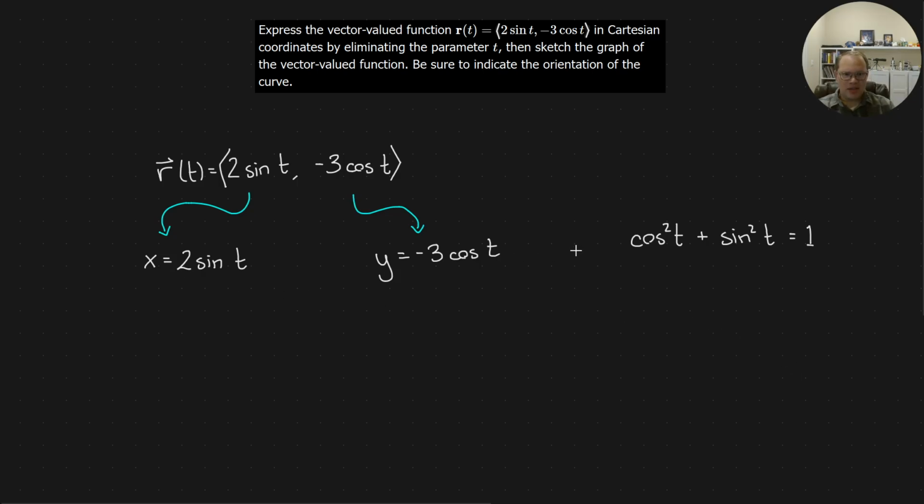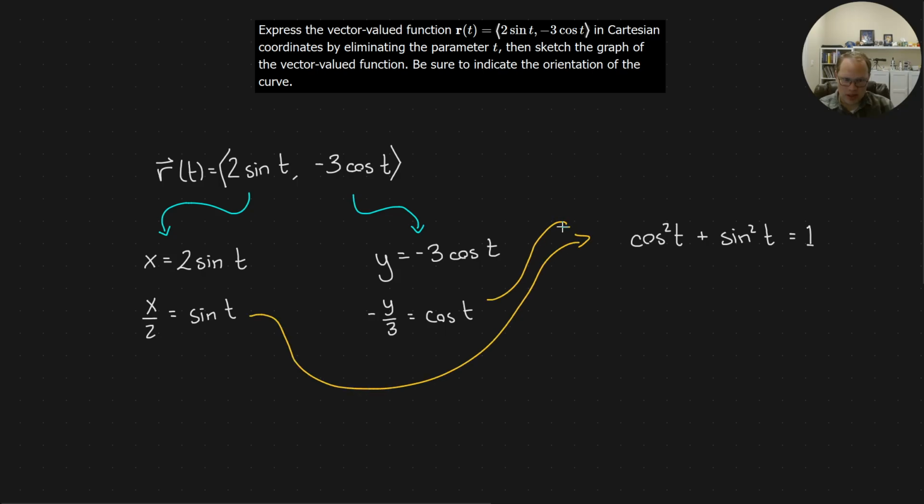So if I isolate cosine and sine in both of these equations, in this case, x over 2 is equal to sine of t, negative y over 3 is equal to cosine of t, I could plug these into this formula.